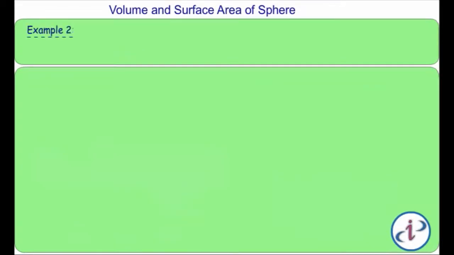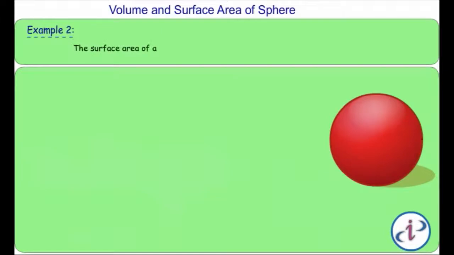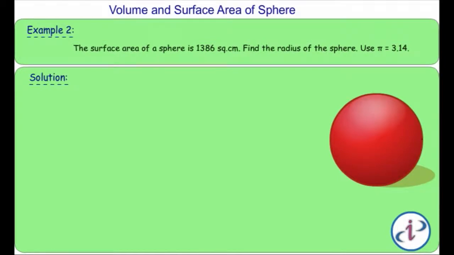Example 2. The surface area of a sphere is 1386 square centimeters. Find the radius of the sphere. Solution. Here, the surface area of the sphere is given as 1386 square centimeters.